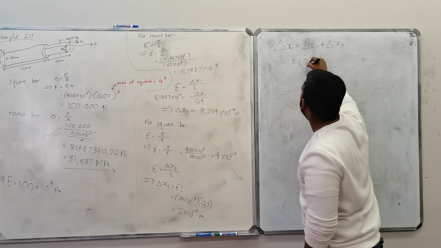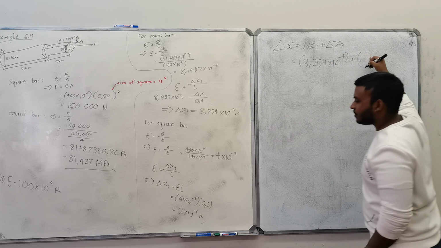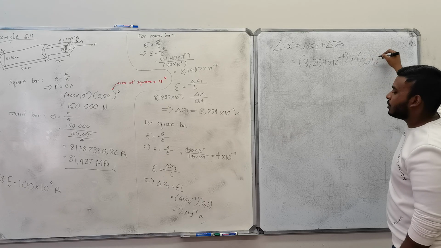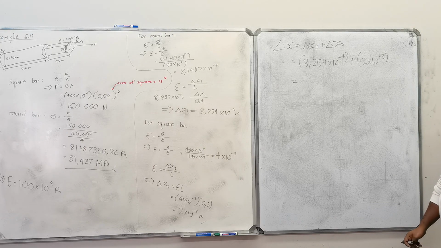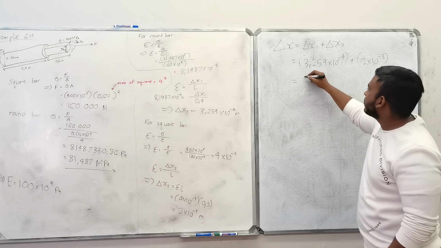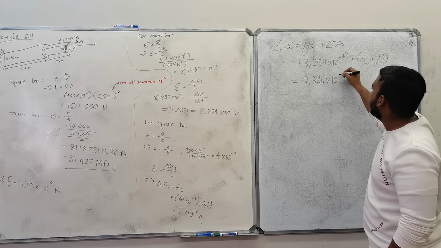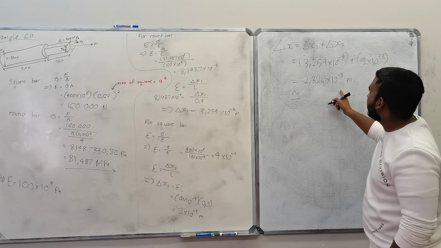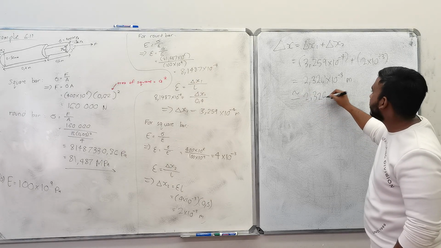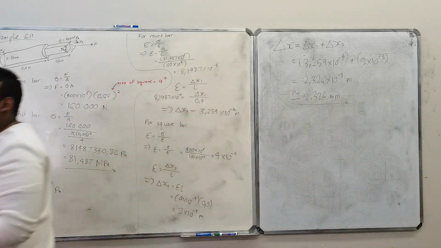Which would be 3.259 times 10 to the minus 4 plus 2 times 10 to the minus 3, which is 2.326 times 10 to the minus 3 meters, which is approximately 2.326 millimeters. That's how much the beam or the bar extended by.